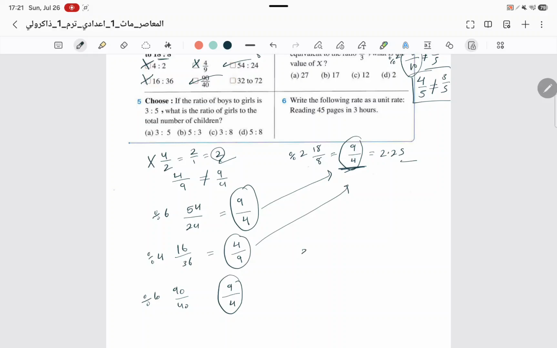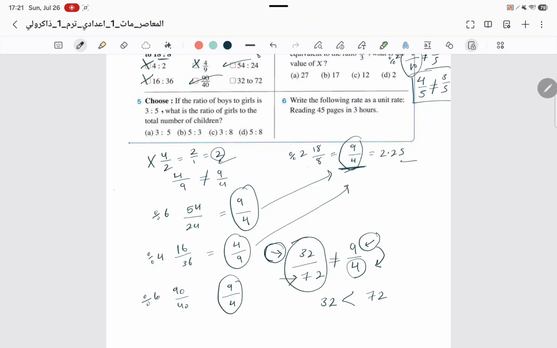And the last one we have here, 32 over 72, which is not equal to 9 over 4. Why? Because in that ratio, the top, which is 32, is less than the bottom, which is 72.